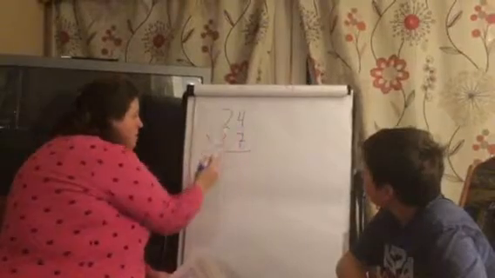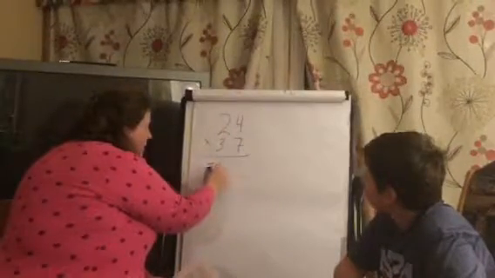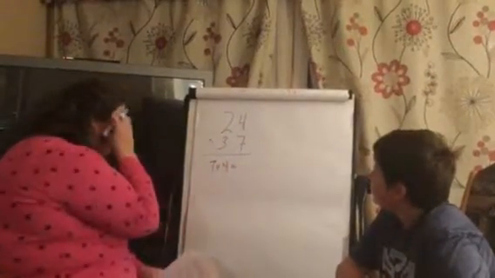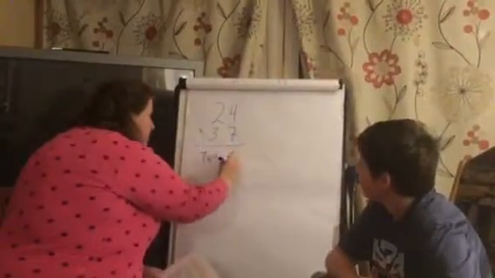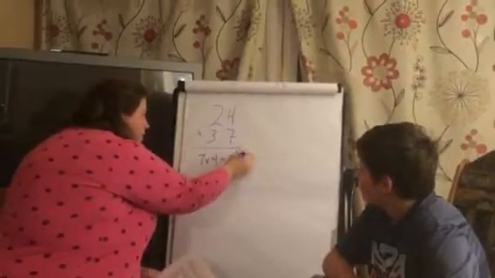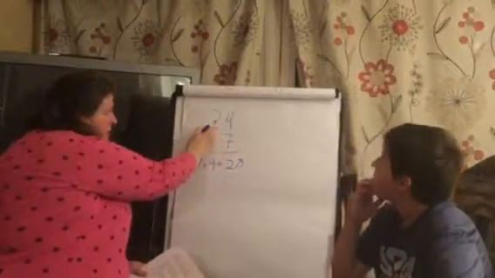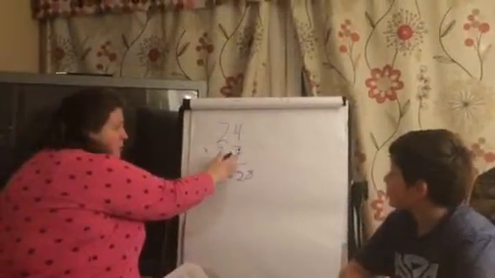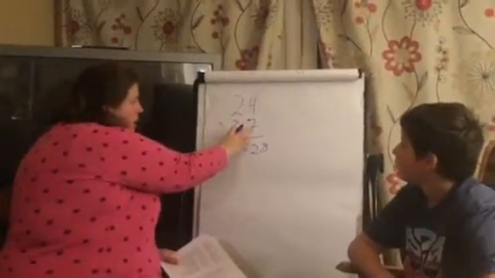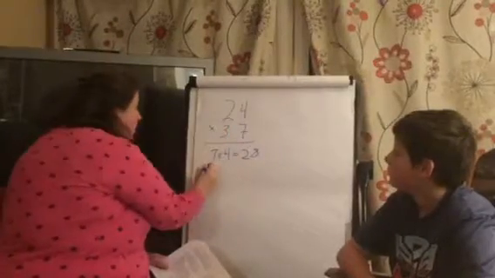So 7 times 4 gives me what? 28. Good. Now we're going to do this cross-multiplying. But would it be 7 times 2, or now 7 times 20? 20, good.